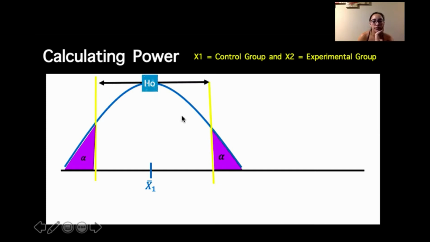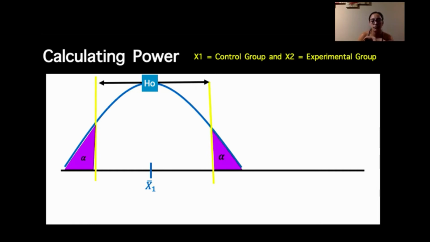But within this area, if we take our experimental group and their group mean lands within our confidence interval, we would accept the null hypothesis and say that the intervention we applied to that experimental group did not work, or that the intervention had no effect, such that the means of the experimental group and the control group are the same, or relatively the same, or they came from the same population.